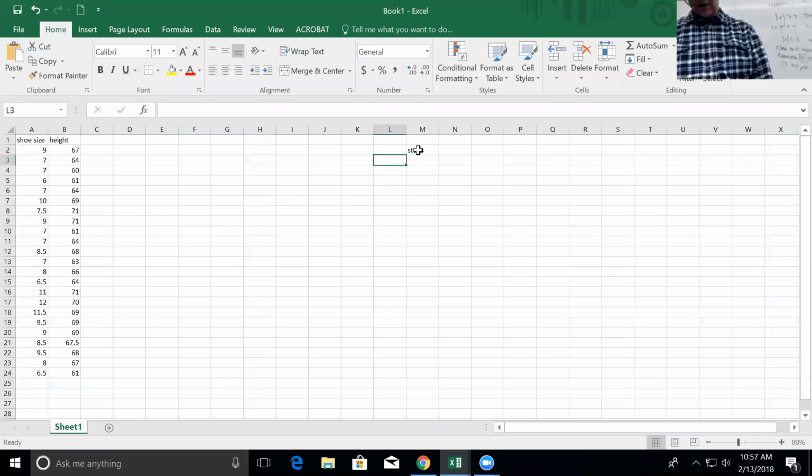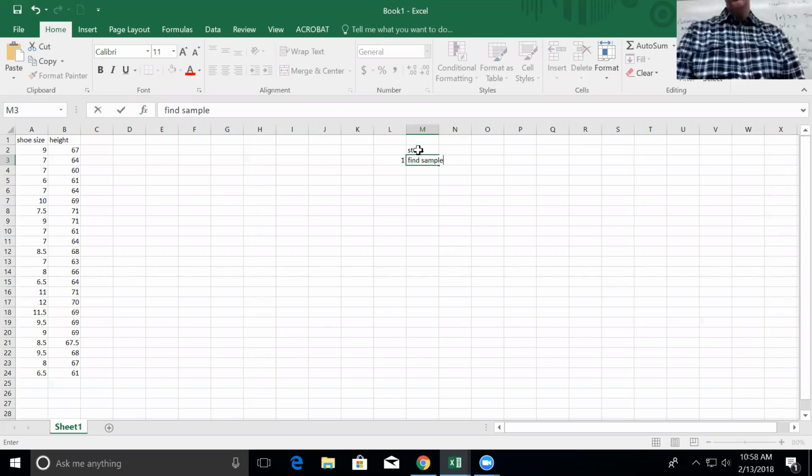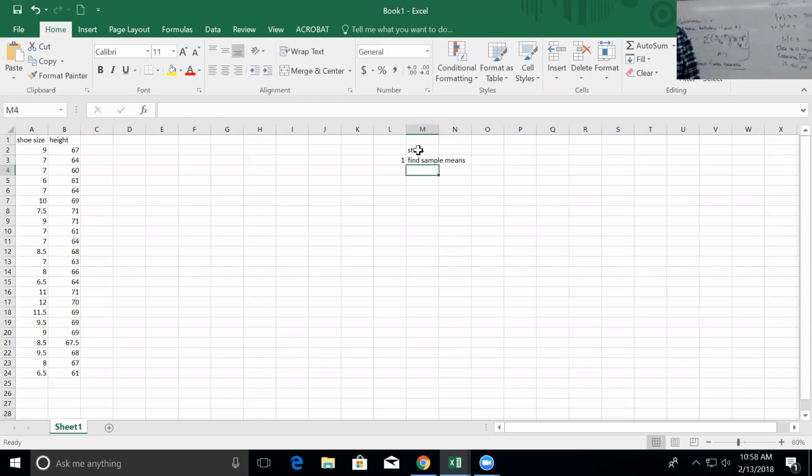Step number 1, what do you think X bar and Y bar represent? It represents the sample means. Okay, so X bar and Y bar represent your sample means. So I need to find the mean.